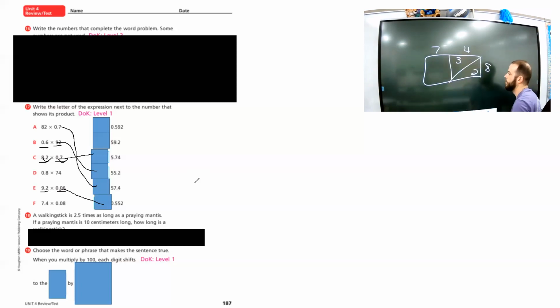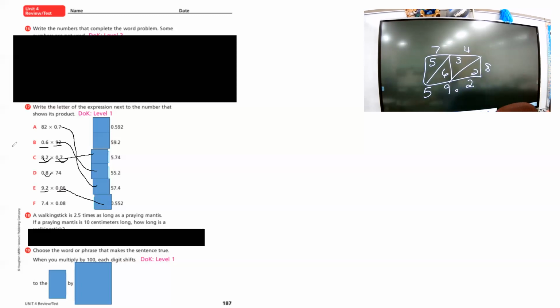Eight times 4 is 32, and 7 times 8 is 56 with the carried 2, so 7, 14, 28, 56. 2 falls down, 9 falls down, 5 falls down. So it's 592. This one right here has 1 decimal number after it, so the answer is going to have 1 decimal number after it.